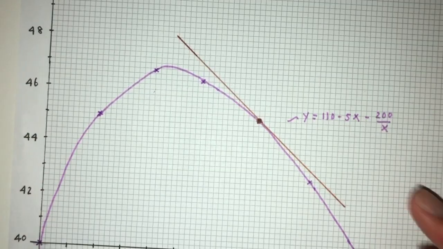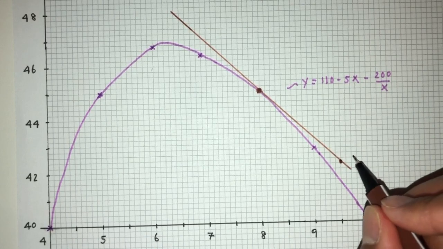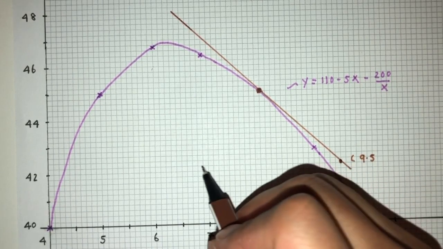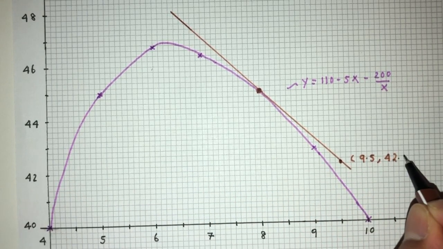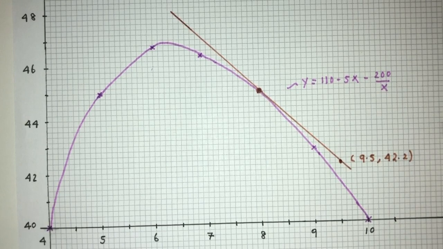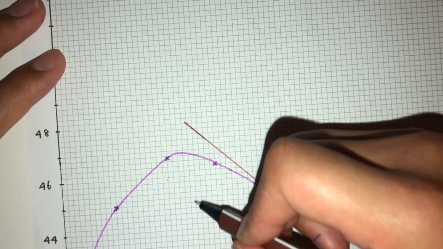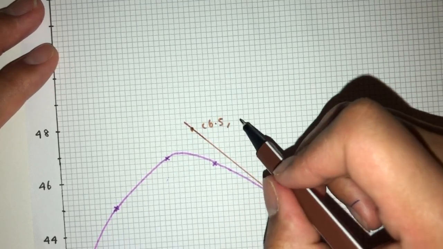Now to find the gradient, I will have to find 2 points on this line. This is my first point, it is 9.5, and the value here is 42.2. And let me take the value here. That will be 6.5, and the value is 47.8.